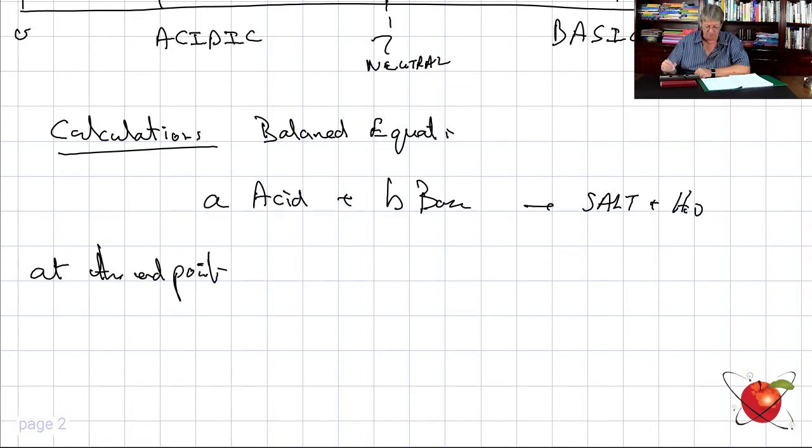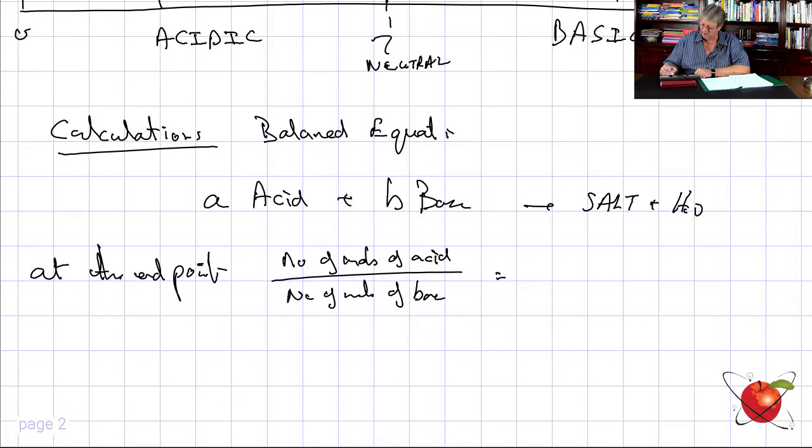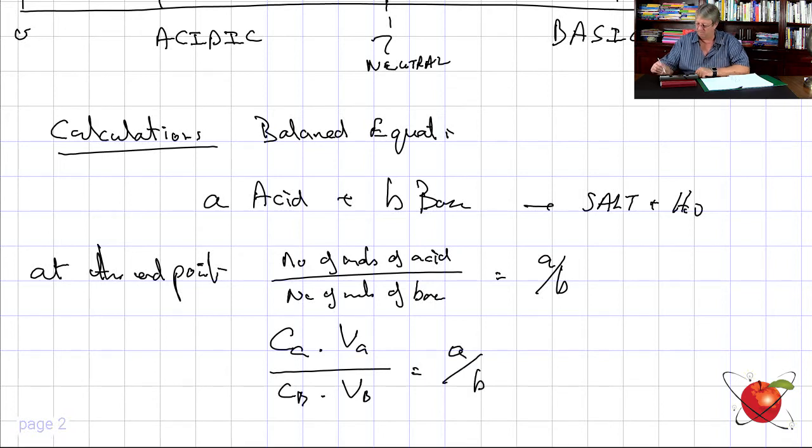This formula is what you get: number of moles of the acid over number of moles of the base is equal to a over b, which is the concentration of the acid times the volume of the acid over the concentration of the base times the volume of the base, is equal to a over b.